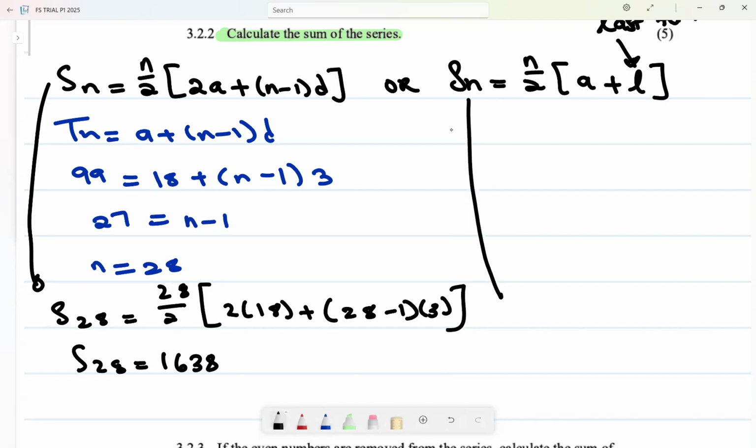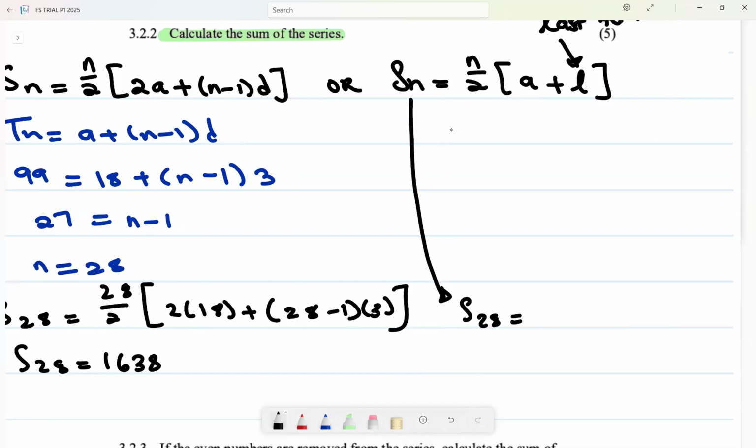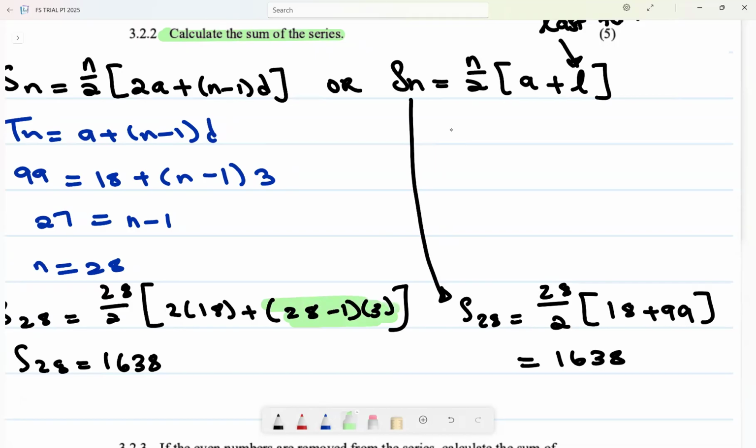Or someone might use this formula and say S28 is equal to n divided by 2 times a plus l, which is 18 plus 99, and then 1638. How do I know these formulas are the same? Just punch this on your calculator and you'll see.